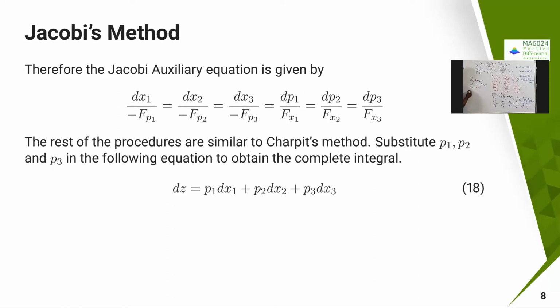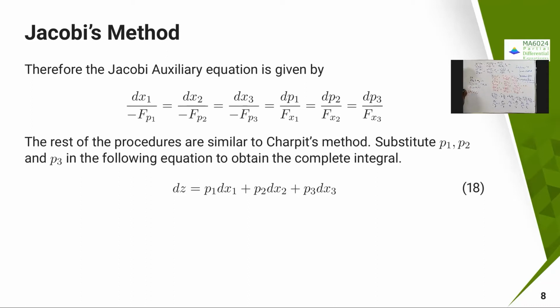Same thing here. What I have is (f_x1, f_x2, f_x3, f_p1, f_p2, f_p3), and these are nothing but my v.